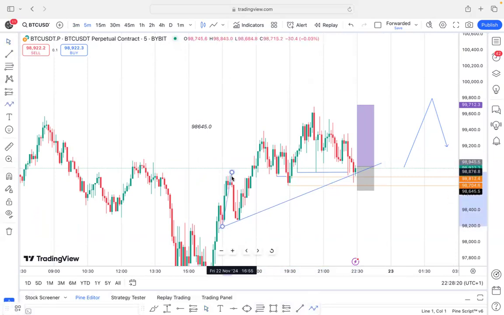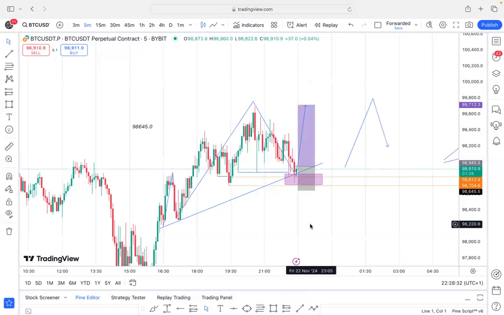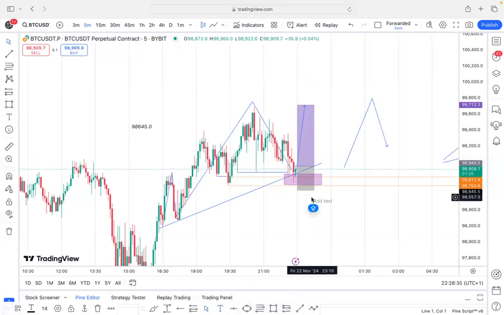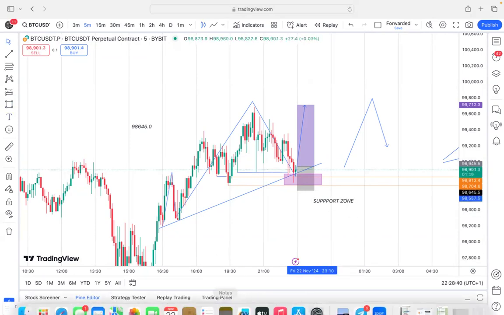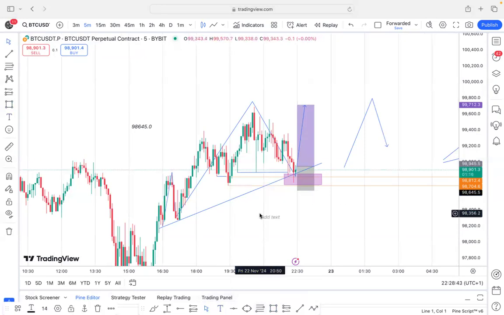It bounced off it like this, high, low, came back to use it in the future. Now you can see it's reacting from there. Now we know that we are in an uptrend. Whenever price comes down, we have to buy, which is our support zone. And that's two confluences. I just used the trend line, which is this line here, and then our support zone. Those two things are telling me to buy.